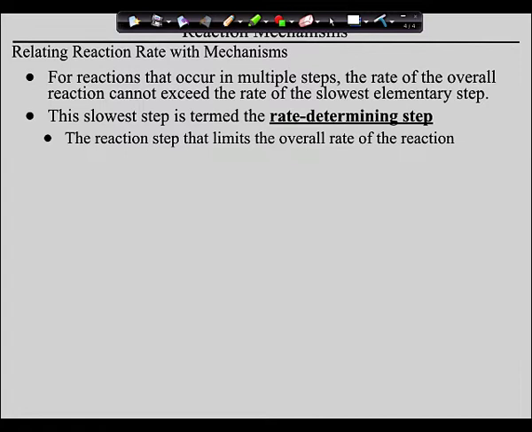Step number one is Knappenberger turns into Parrish, and then Parrish turns into Baird. But these two steps have different rates. The step where Knappenberger turns into Parrish happens at twice the rate that Parrish turns into Baird.